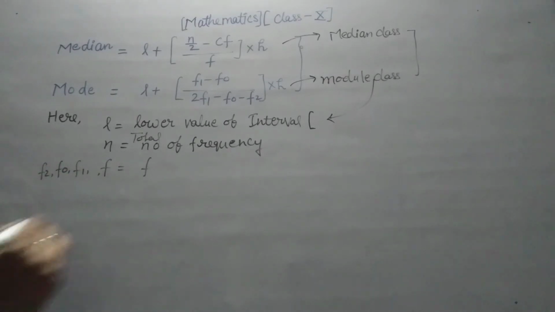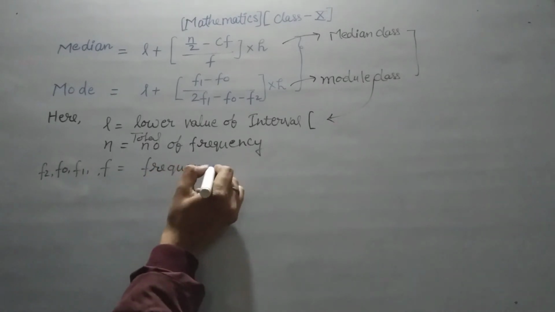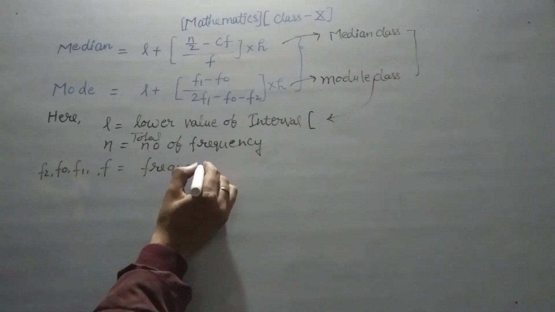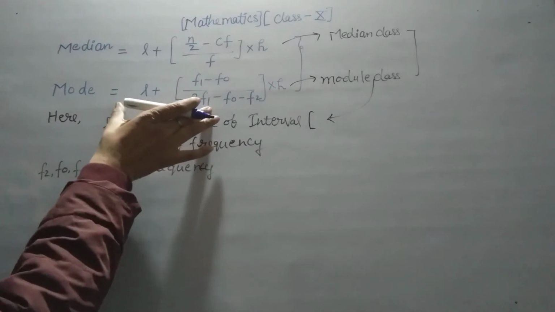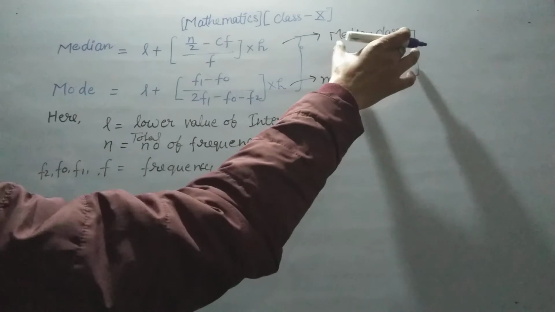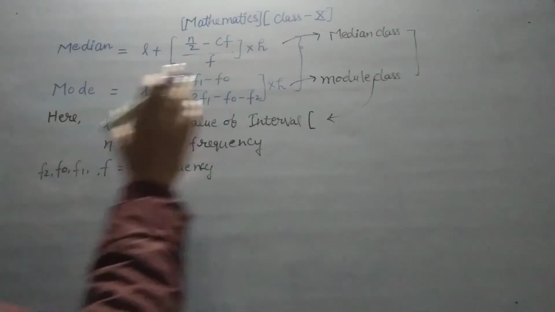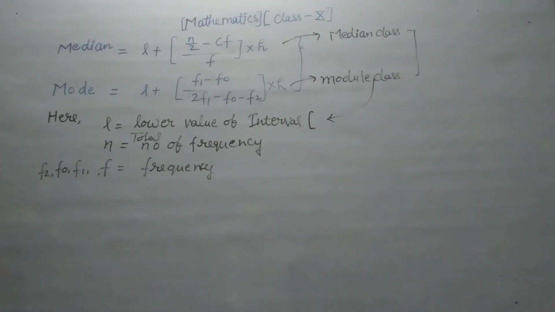These are all frequencies, taken from the median class for the median, and from the modal class for the mode. Do you understand all these things?